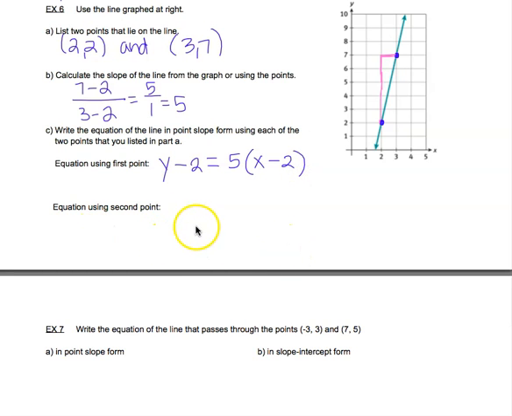Using the second point, same idea, y minus 7 equals 5 times x minus 3. So, 2 totally different looking equations other than the slope, but they are for the same line.